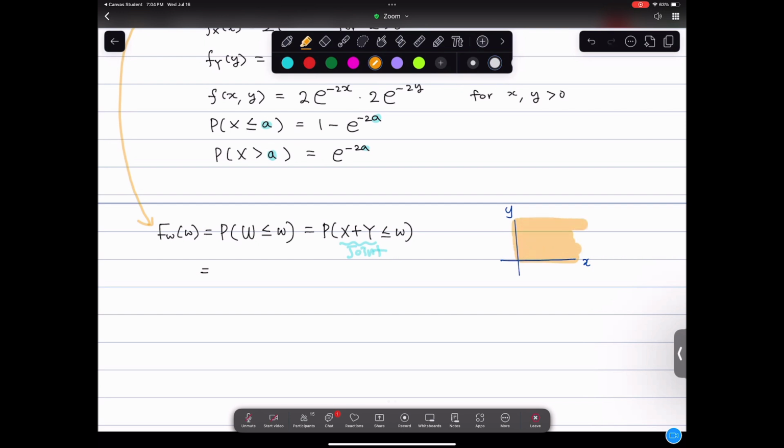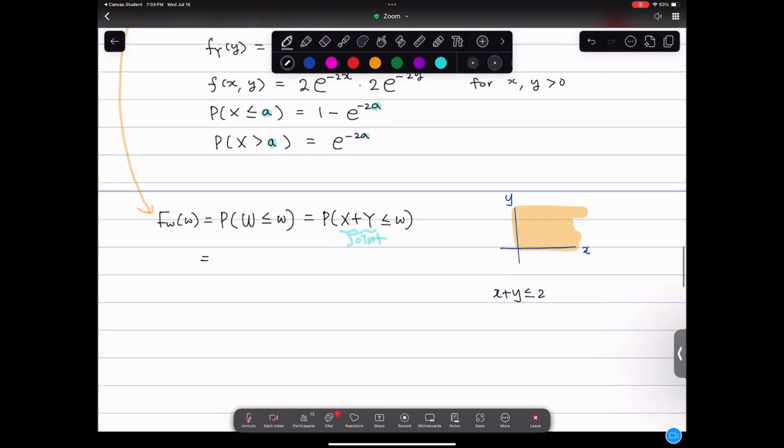Now I have to get my probability. Imagine X plus Y is less than or equal to some number, 2 for example. How would I go about this probability? I have to think about the line y equals negative x plus w. That's my w somewhere, and that's the line of x plus y equals w.